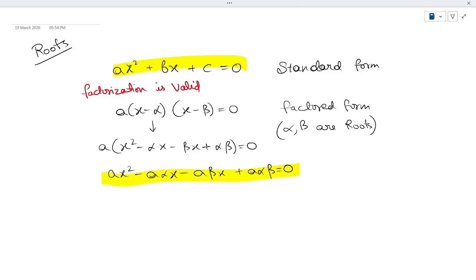One is factored and another is in standard form. If we compare these two forms, we get ax square equals to ax square. And if we compare the b coefficient, it will be minus a alpha and minus a beta. Just comparing the coefficients, b will be minus a alpha and minus a beta, and c will be a alpha beta.